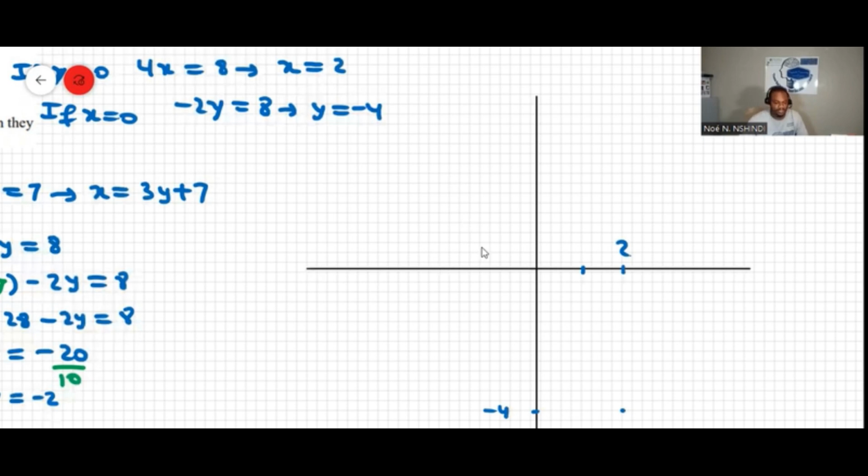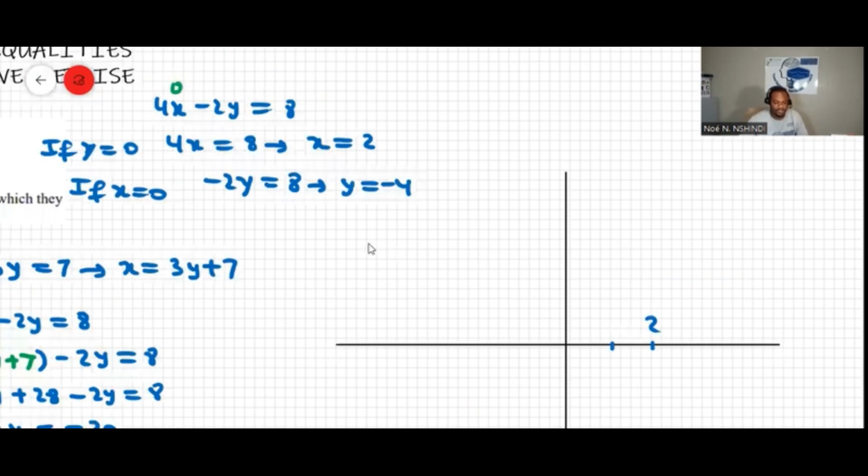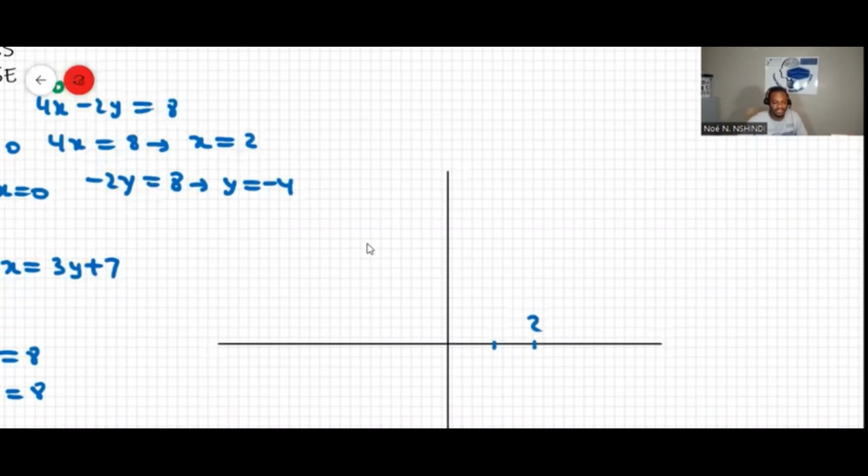For the other equation, which was given by x minus 3y equals 7, if x is 0, it's not going to work. Let's start with y 0. I mean, it's still going to work, but I don't want to work with fractions.